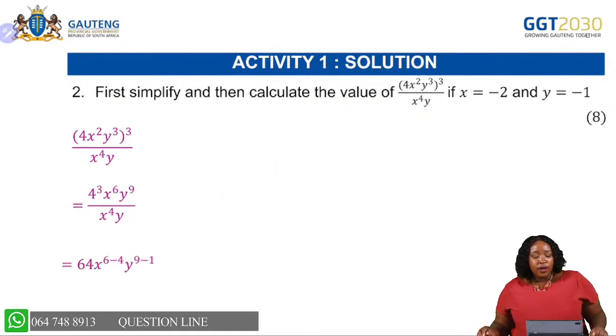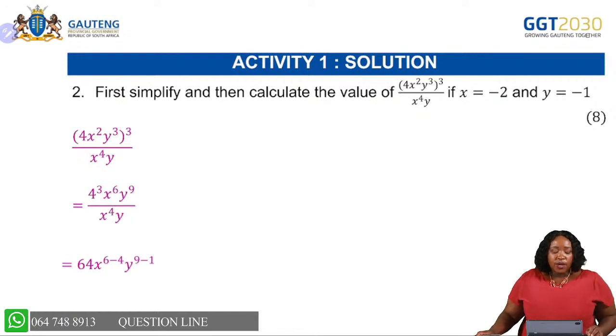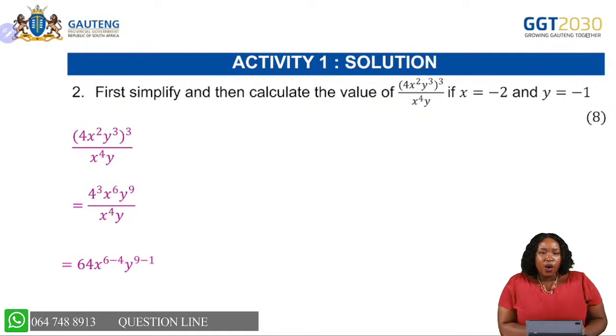From there, we now say 4 cubed is the same as 4 times 4 times 4. 4 times 4 is 16, and 16 times 4 gives you 64. And with the x's and the y's, we are dividing powers with the same base. So we have to subtract the exponents. I hope you notice that.